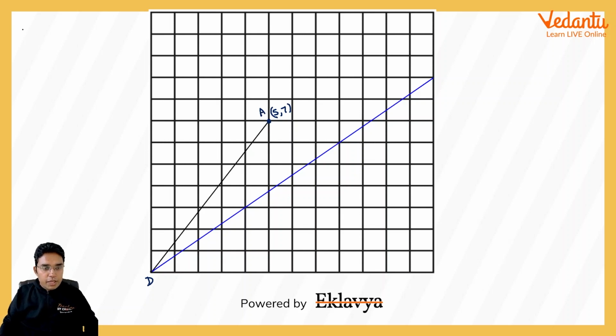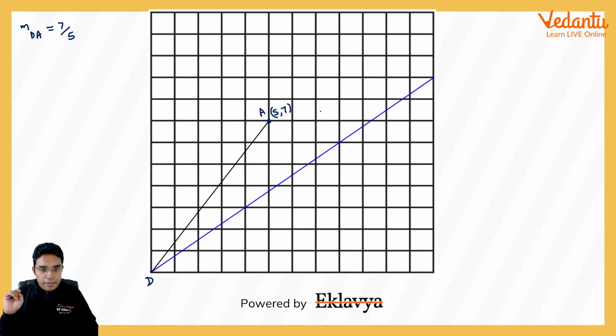So what you can check, the slope of this DA is actually 7 upon 5, and 7 and 5 are co-prime. That means this fraction 7 upon 5 cannot be simplified further. If you try to write this in the form of P upon Q, where P and Q are integers, then 7 and 5 are the smallest possible positive integers to write such a thing.